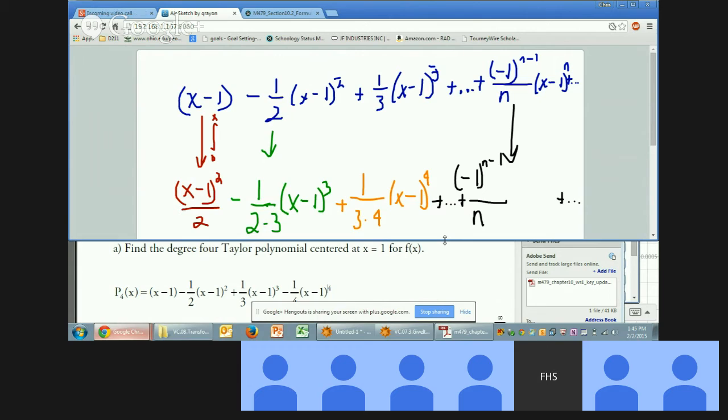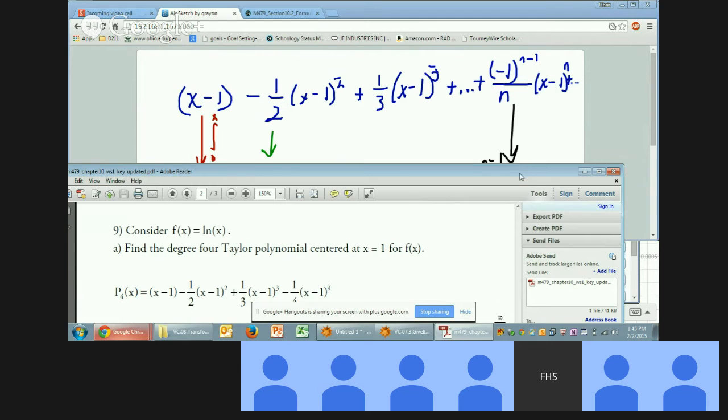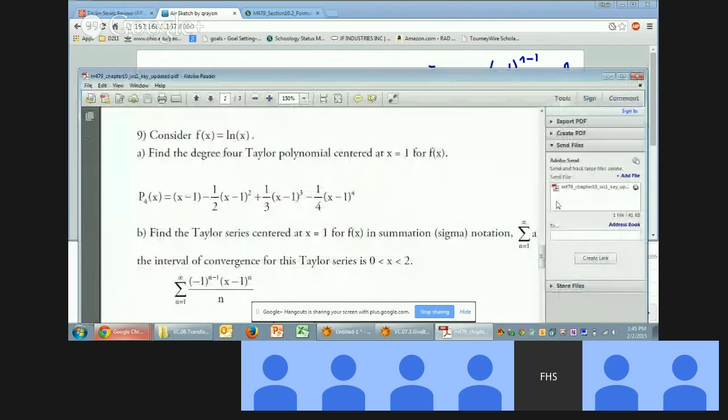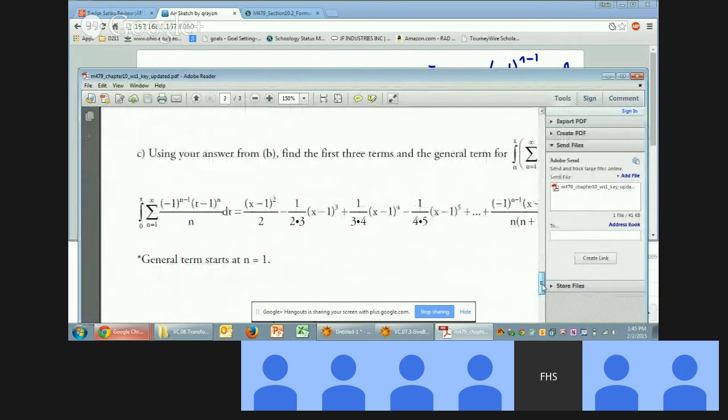That is also not changing. And then I have x minus 1 to the n plus 1. But if I have n plus 1 as my new power, I need to divide by n plus 1 as well. And that's your formula. And it should match up pretty nicely with what we have right here.